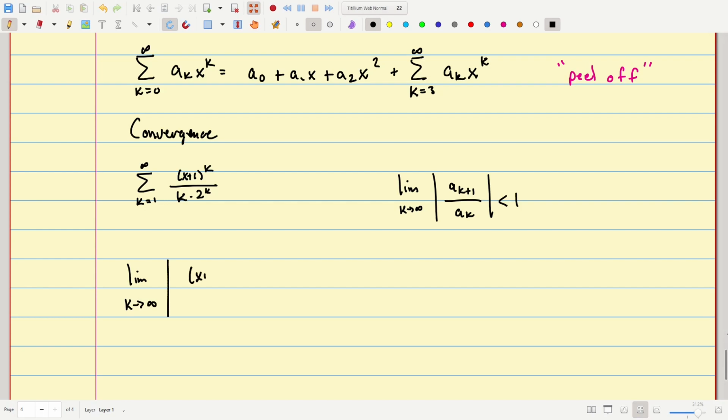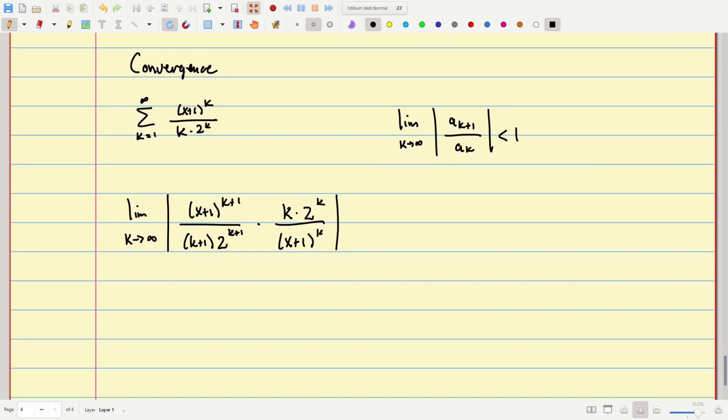And also, dividing is the same thing as multiplying by the reciprocal. Since this expression is complicated enough, I'm just going to write it as multiplication by the reciprocal to save us a little bit of space. So this is a sub k plus 1, and this is 1 over a sub k.